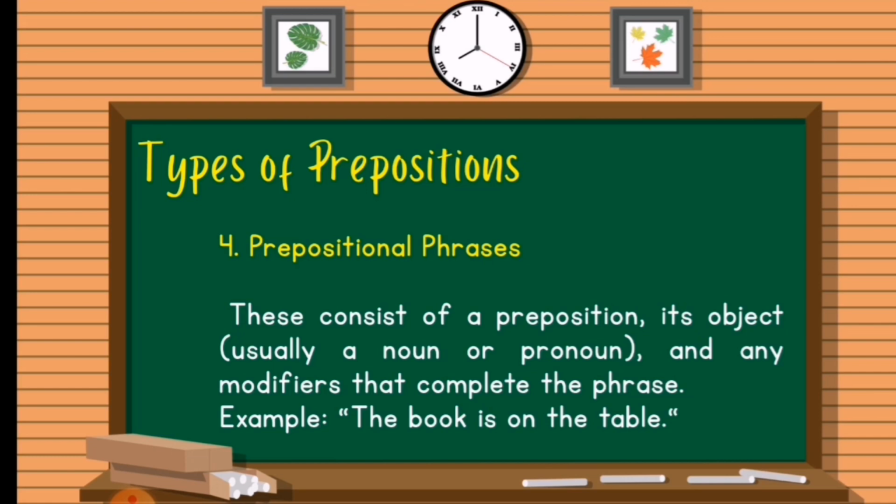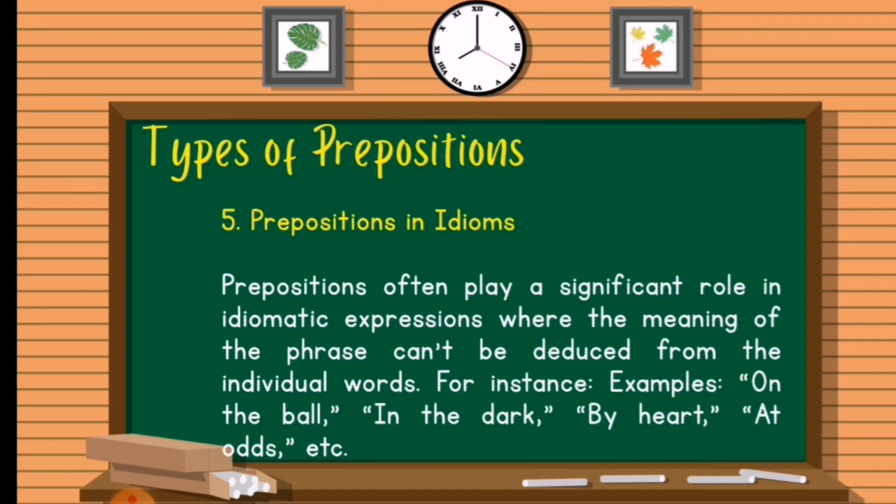So the preposition that is being used in that sentence is on, which is indicating to show the location or places, while the object that is being used is the book, and the modifier that completes the phrase is the table.